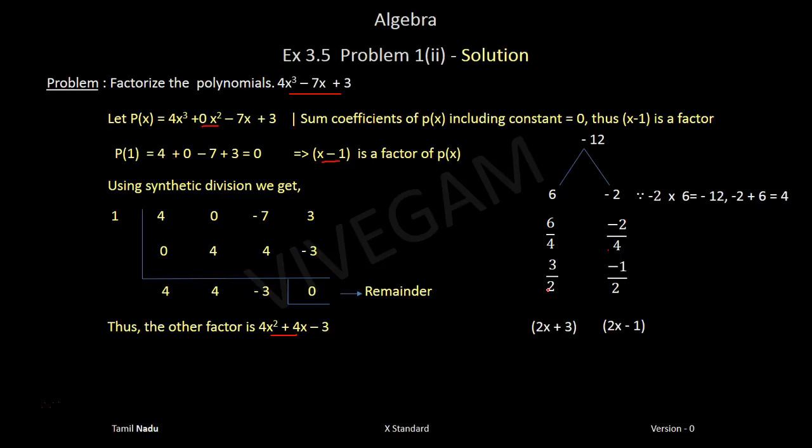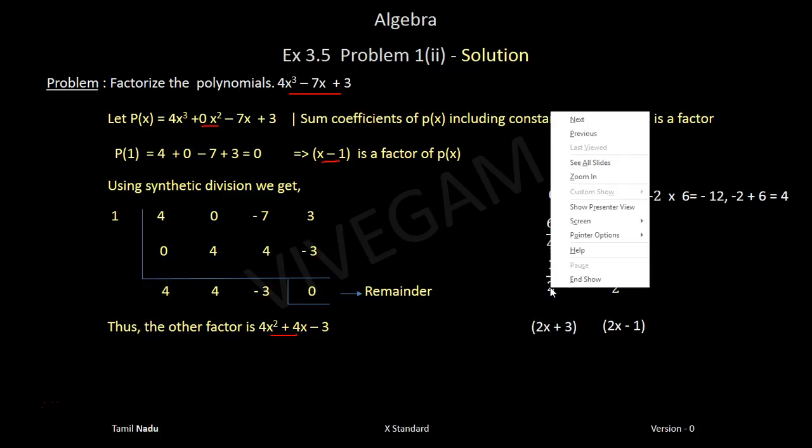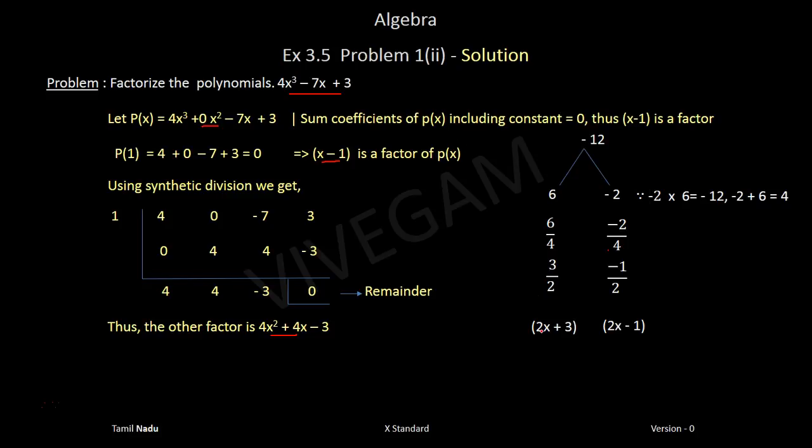The denominator is the coefficient of x and the constant will come down. So this factor is 2x plus 3 and this is 2x minus 1. So 4x squared plus 4x minus 3 is 2x plus 3 into 2x minus 1. This was one method of factorizing the quadratic expression.